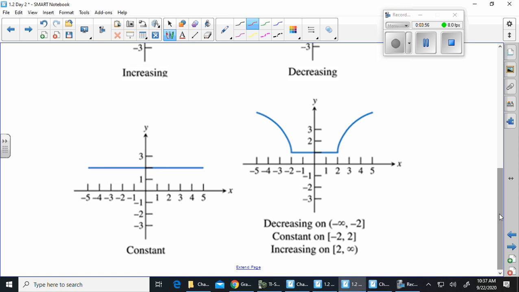So you look at this last one, it's decreasing from negative infinity to negative 2. It's constant from negative 2 to 2. It's increasing 2 to infinity. The thing that we should know and get the idea of is when we answer, these are x's. I'm looking left to right. X is left to right. So that's how I answer.